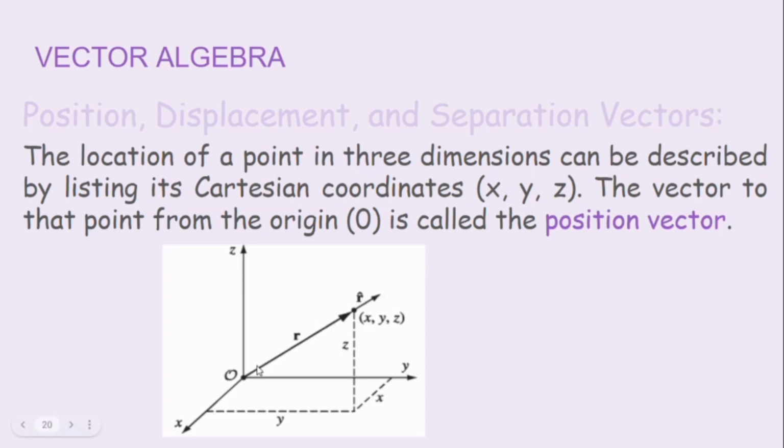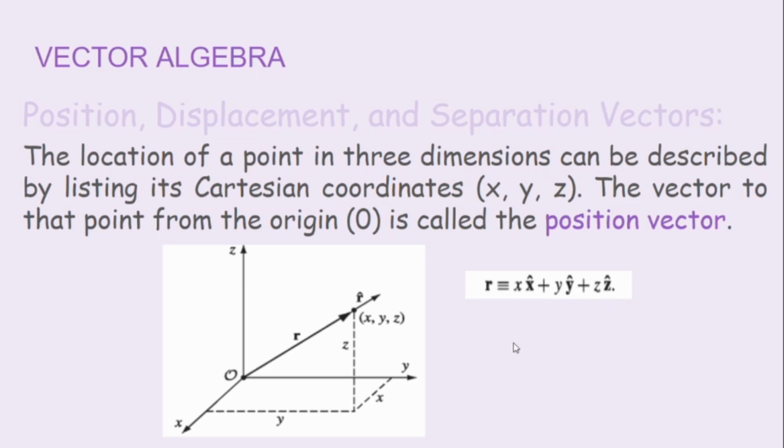So this is the point and these are the three dimensions, and this is the vector r which originates from this position or origin O, and its value is r equals x x cap plus y y cap plus z z cap, and we can also write it as x i cap plus y j cap plus z k cap.